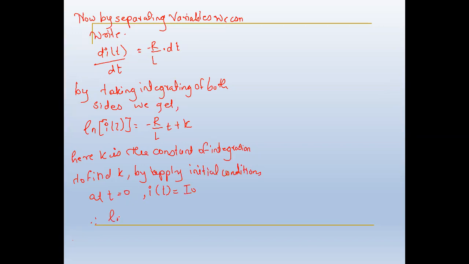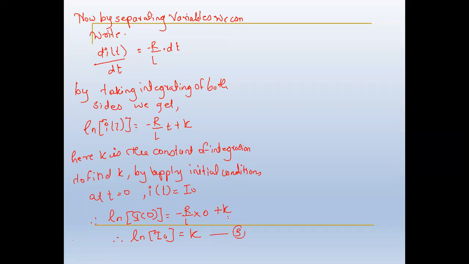Therefore, log of I of 0 is equal to minus R by L into 0 plus K. Therefore, log of I0 is equal to K. Now, let us label these equations.